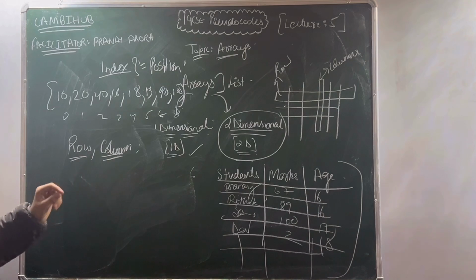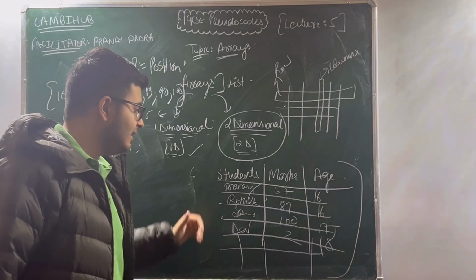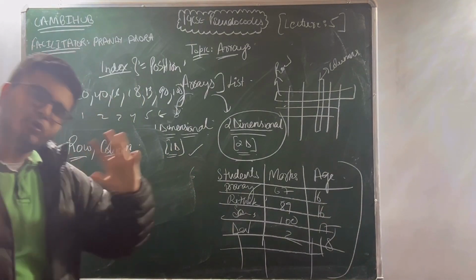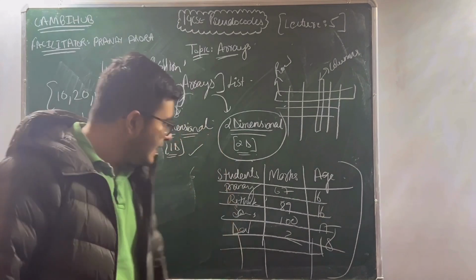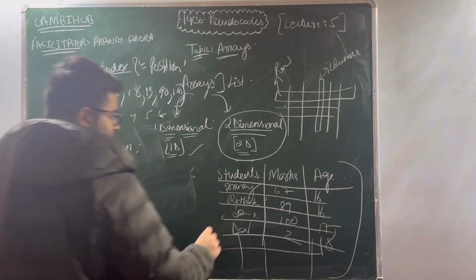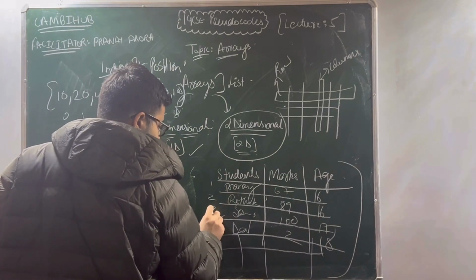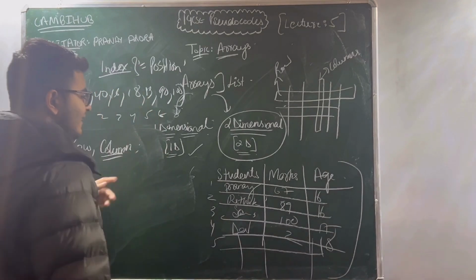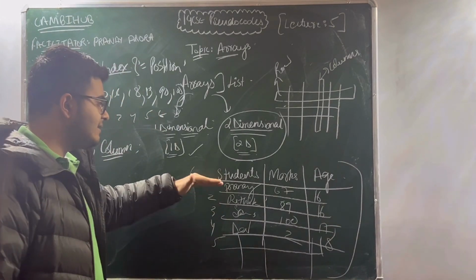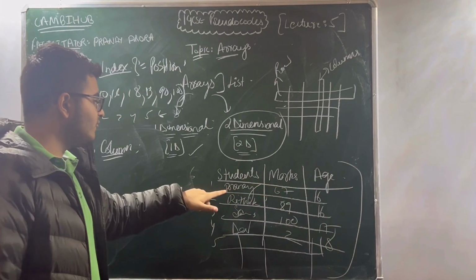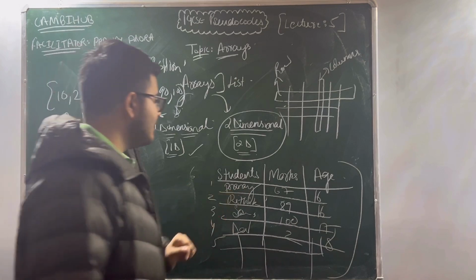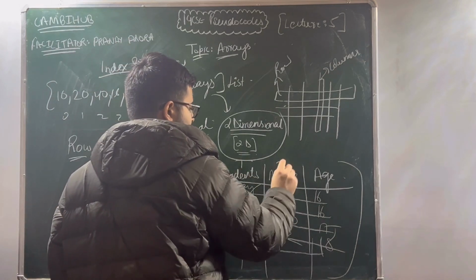Now suppose this is my array, it starts at 1, right? Both row and column start at 1. So 1, 2, 3, 4, 5. What is the index of Pranay? The index of this row is 1, and the column also starts from 1.